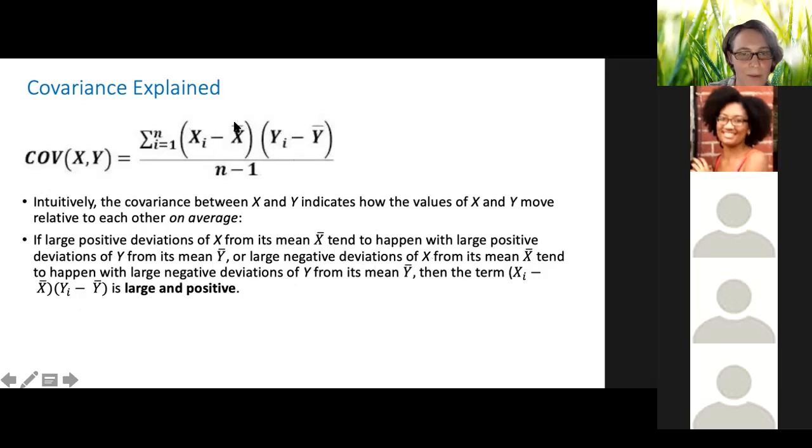A large negative times a large negative is a large positive number, and a large positive times a large positive is also a large positive number. So this term here is maximal if the x's and the y's deviate from their means in the same direction and by similar amounts. Then we have the maximum number here in the numerator, so the covariance gets really big.